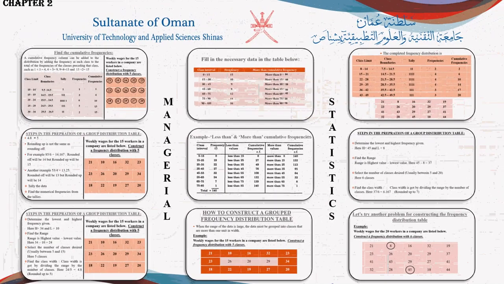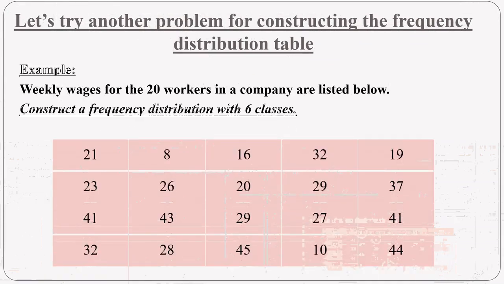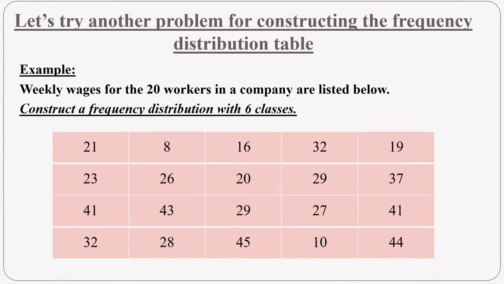Now let me show you one more solved example. Okay. So here, this is the problem. In this problem, 20 workers in a company are listed below. You need to use 6 classes in order to identify the frequency distribution. Step number 1, very simple.